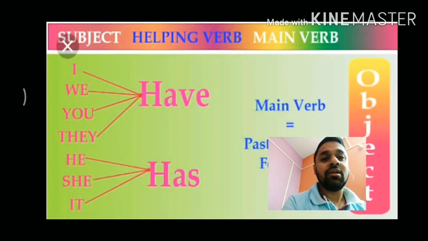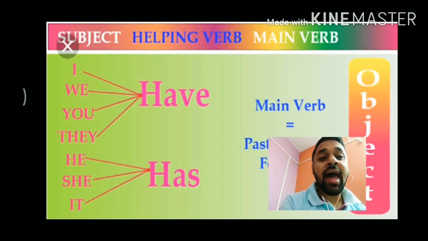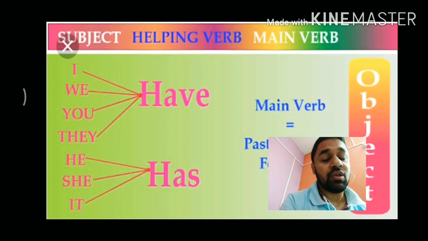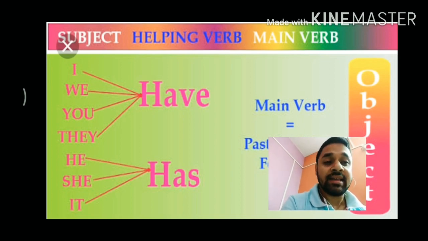You can see here, we have to use the helping verb have with I, we, you, they. I and we are first person singular and plural, you is second person singular and plural both, they is third person plural. In that case we have to use have, and when the subject is third person singular, we have to use has.